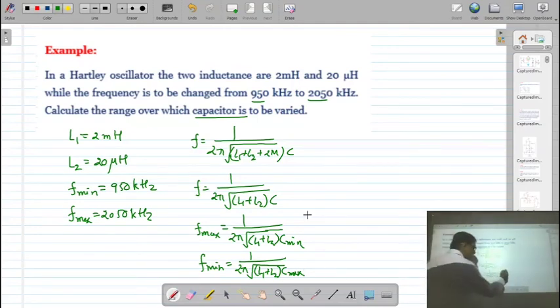Now from these two formulas you can calculate the minimum value of the capacitor.